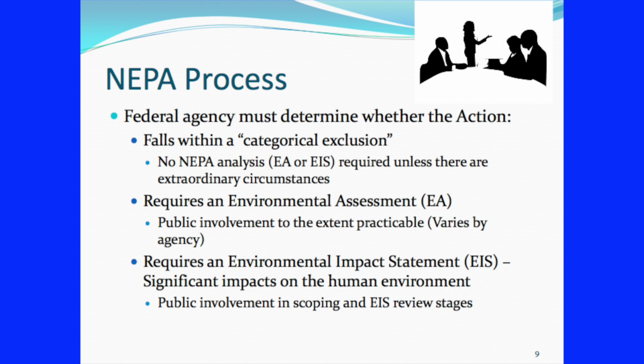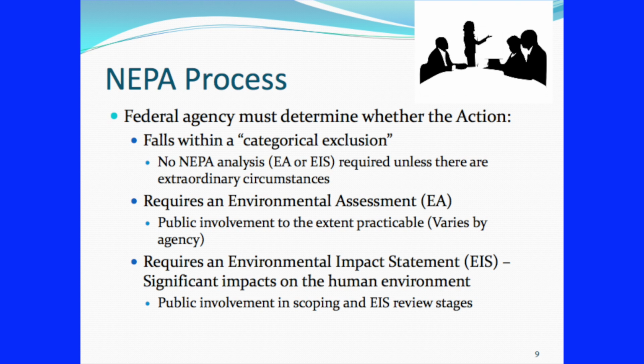If so, then the agency has to go forward and draft an EIS and make that available to the public. If not, they'll just create what's called a FONSI, finding of no significant impact, and move on from there. That's the end of the NEPA analysis. And then finally, if they decide that it is a major federal action with significant impacts on the human environment, then we go to an EIS.